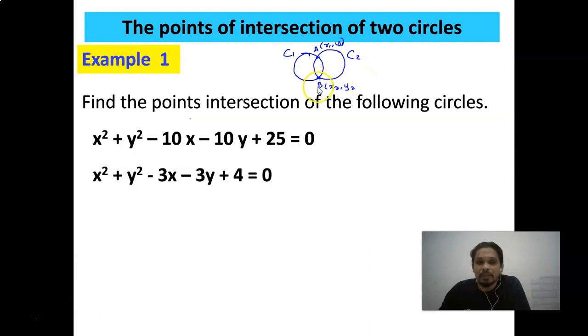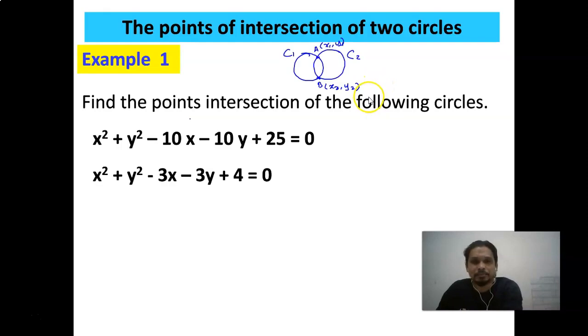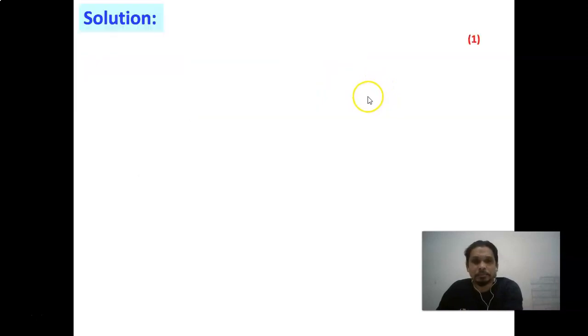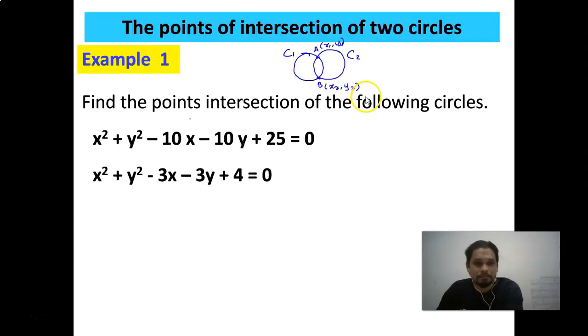The coordinates of A and B are shared by both the equation of circle C1 and C2. We are going to find the coordinates of intersection of A and B by putting both of these into one equation.